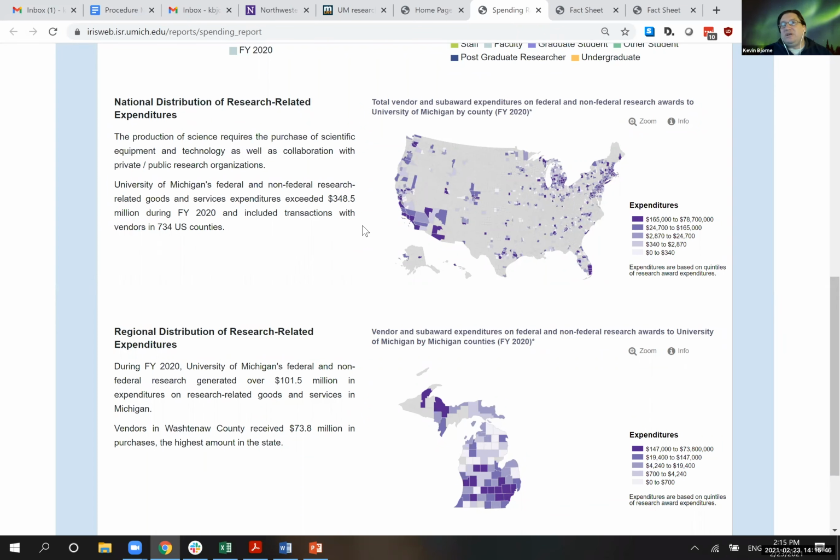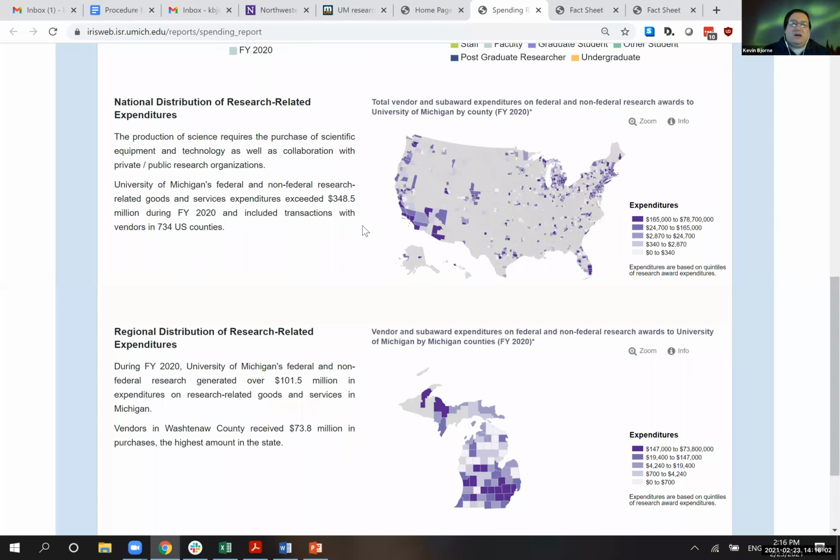So this could be a student that's working part-time. This could be a faculty member. This could be a staff member like myself. There is no lower limit on how many hours they have to work on a particular award to be represented in the data.